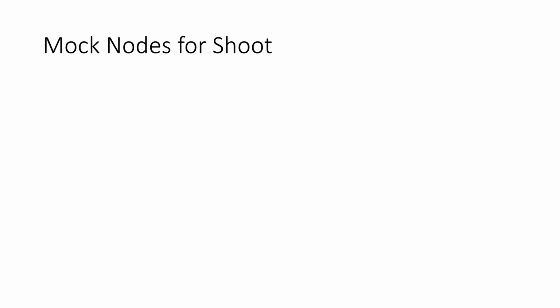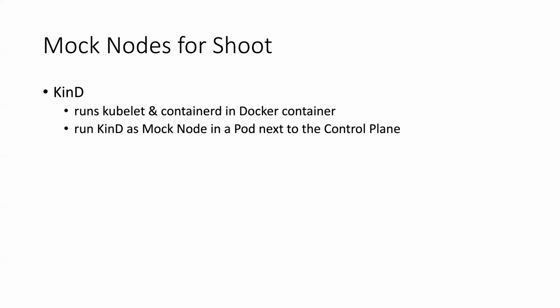And I have some alternatives that I was considering, for example, kind, Kubernetes in Docker. I just showed you that I use this for a local seed cluster, but you could, of course, run this kubelet and container runtime in a Docker container also on an existing Kubernetes cluster like your seed cluster, and use this as a mock node and register it to the shoot's API server, basically directly next to the control plane in the seed cluster.